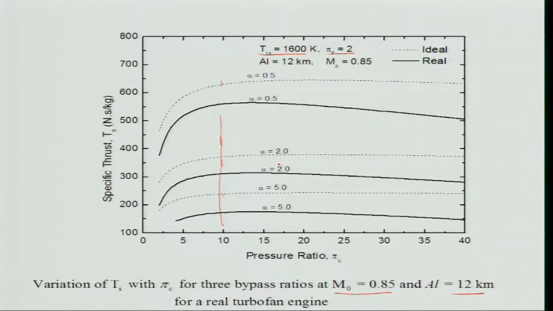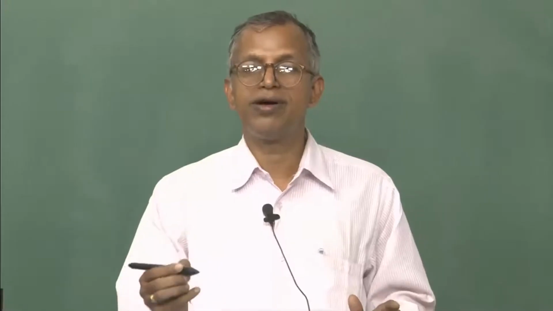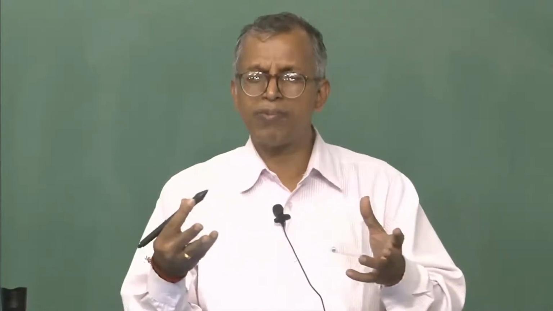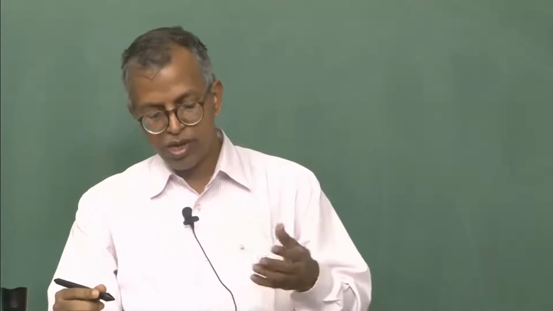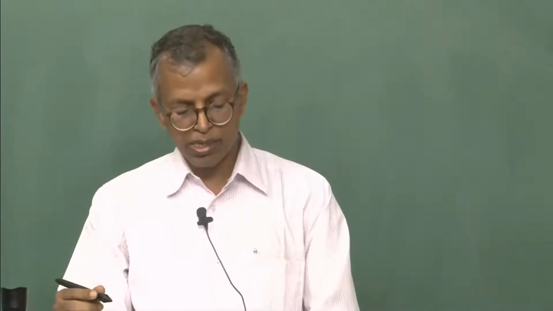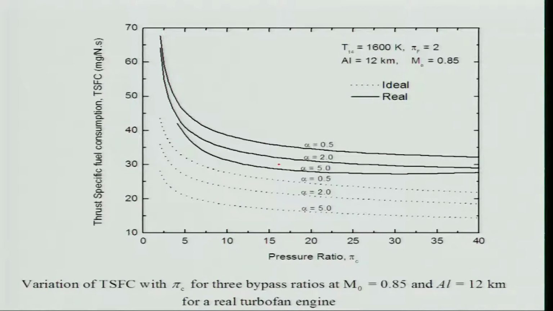And why is it so? Because you need more mass flow rate for the same thrust, because losses are more, so the velocity will be lower. So you need to allow more mass flow rate to the engine.